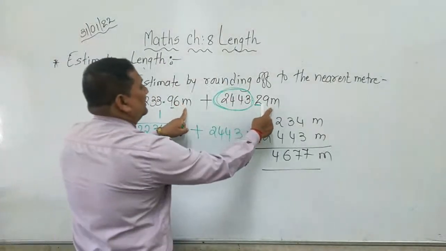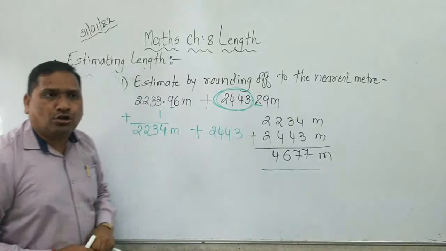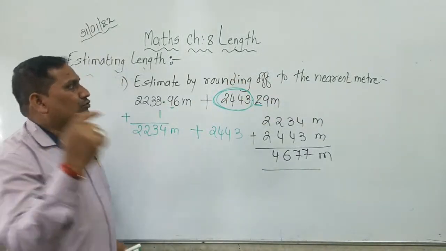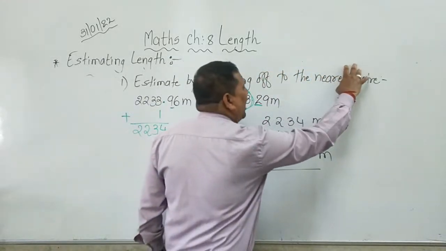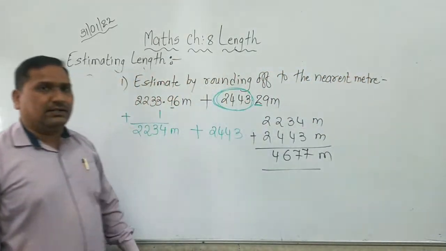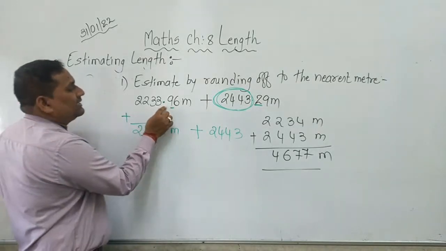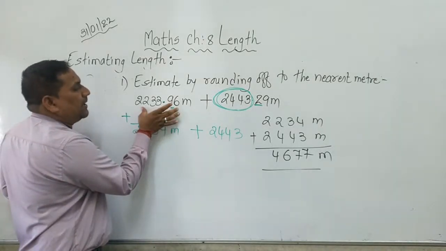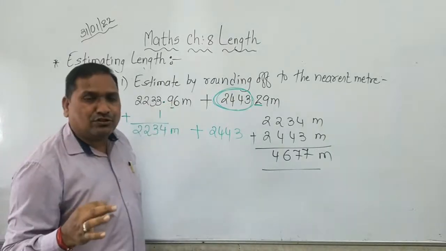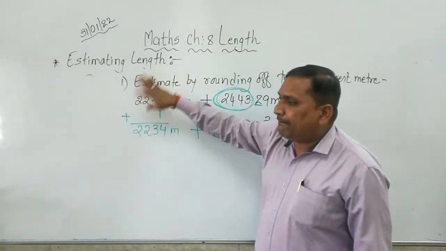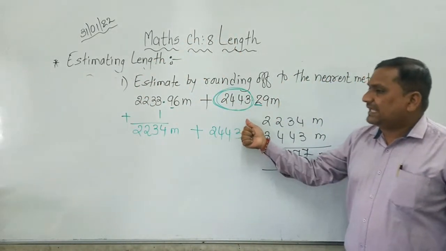First check whether they are of the same unit or not. So our unit is meter. We have to round to the nearest meter, so first let us round off. For decimal, that means we have to add 1 in the given number, and see the second one.